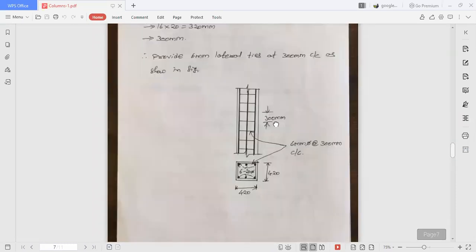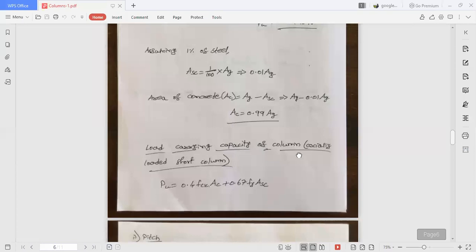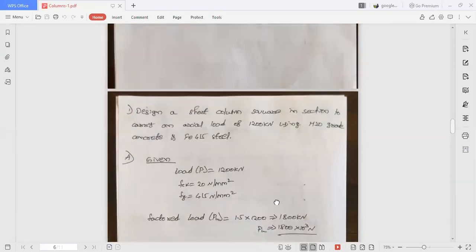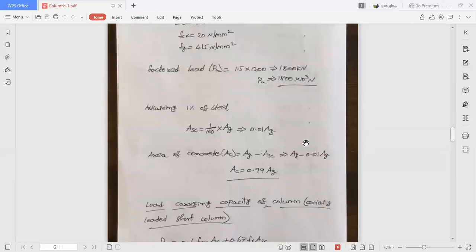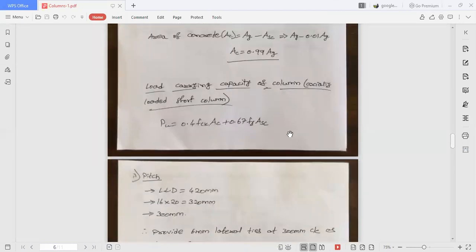here some page is missed. Yes, just wait a minute. A page is missed here.